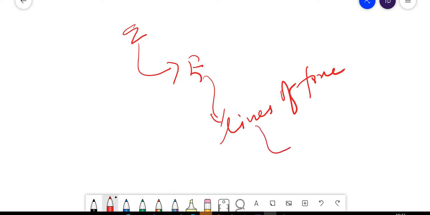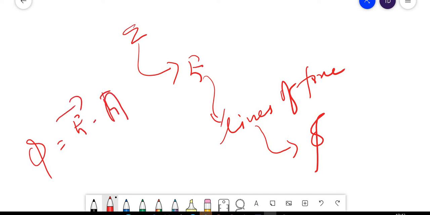From electric lines of force, I defined electric flux. In the last video, we discussed electric flux. Electric flux is the measure of the number of lines of force penetrating through a given area. As discussed, phi is equal to E dot A. This is flux.